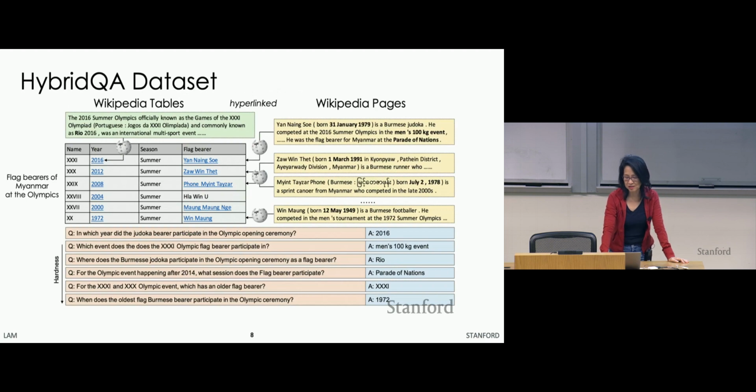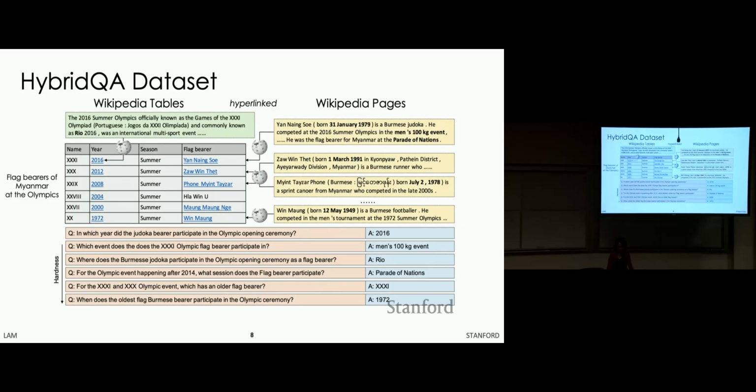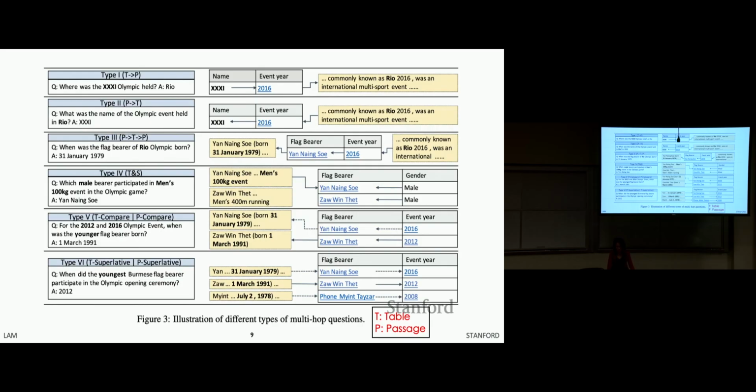So we talked about this hybrid QA database data set with tables and hyperlinks, with text and tables. And we talked about these various types. And by the way, I just discovered that the TNS we talked about turns out to be a typo in the original paper. It really just means tables and paragraphs.